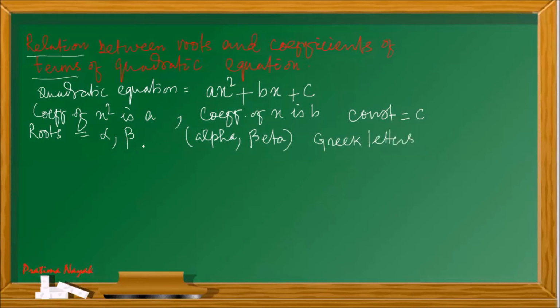They are used to denote or symbolize the roots of a quadratic equation. You know that a quadratic equation always has two roots. So one x I'm denoting as alpha, one x I'm denoting as beta. The first one can be beta also, the second one can be alpha also. No problem, one is alpha, one is beta.